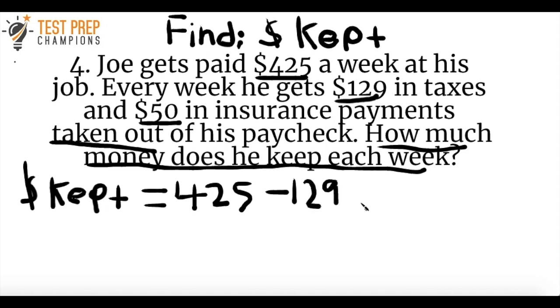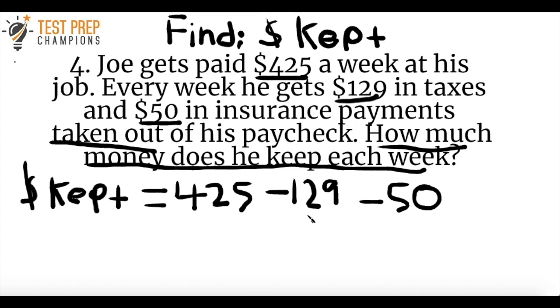And then he's also going to lose money in insurance payments. So our equation is just that the money that he gets paid each week, which is $425, and then we also have to factor in that he's going to get $129 taken out in taxes, and also that he's going to get $50 taken out here in insurance payments. So what is left over after that? That's what we need to figure out here.